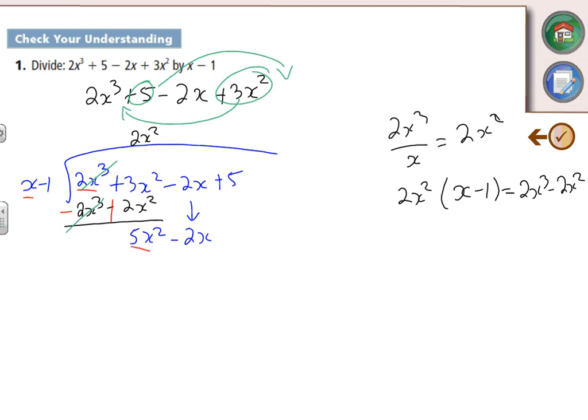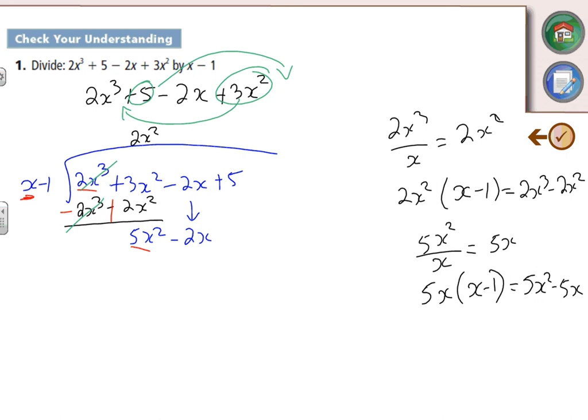Same process. Divide. 5x squared divided by the x. The x is from the divisor over here. Gives us 5x. And multiply. Multiply by the whole divisor. 5x squared minus 5x.